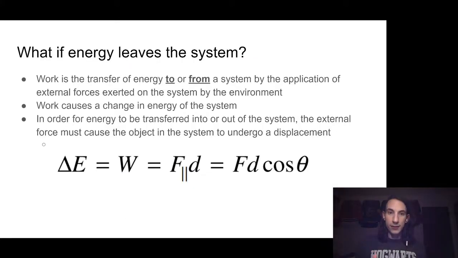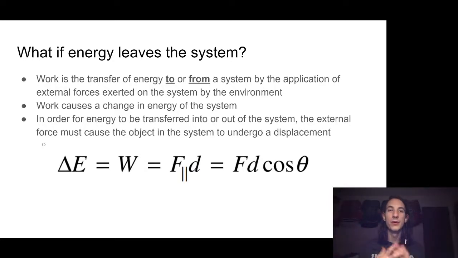So what we want to think about is what happens if energy leaves the system. So we've been talking about kind of contained systems. We talked about thermal energy being a part of our system because the track is part of our system. And we said that energy is conserved within a system if there are no external forces acting on it. So what we want to think about now is what happens if energy leaves the system? So we've defined work before when we talked about energy.